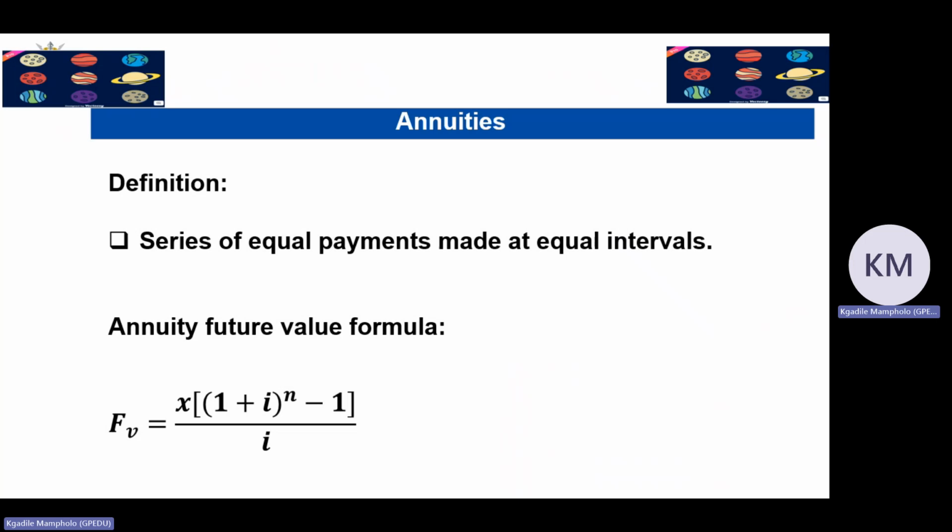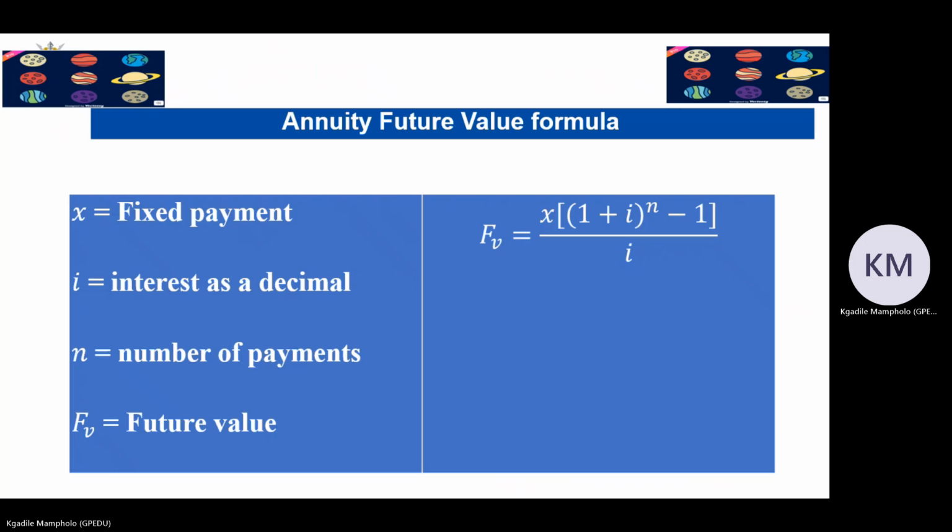Now, we use what you call the annuity future value formula. X is that fixed payment. I is the interest rate as a decimal, meaning if it's in percentage, then you divide by 100 to change it to decimal. Then you also consider the compounding period.